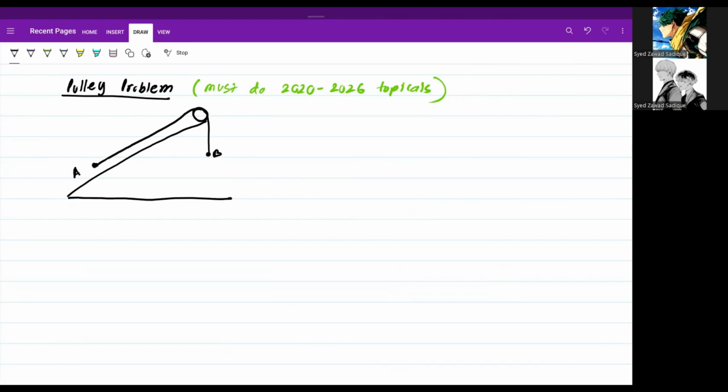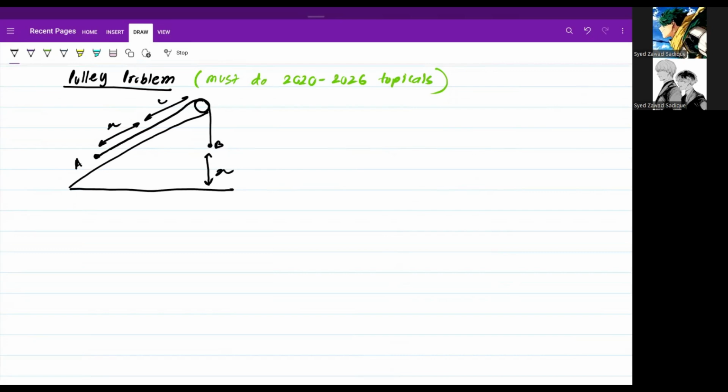Okay. Now, let's say this distance is X. This distance is also X. This distance is L. Right. Now, I'll tell you guys the general thing. Copy this diagram again.